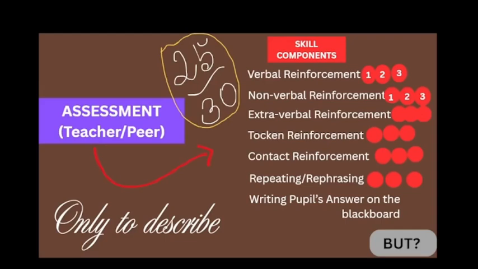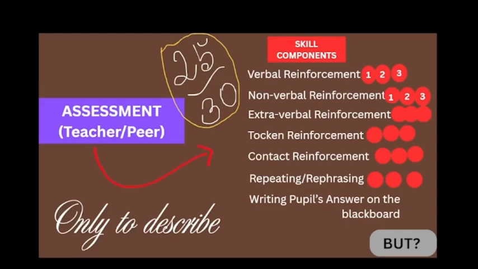But this is not going to help understanding whether the skills used are really having an impact upon the learner. So these are only the components which are used for assessment.